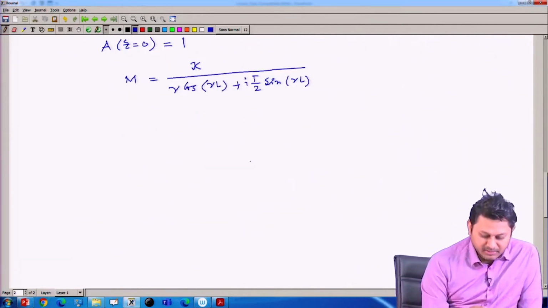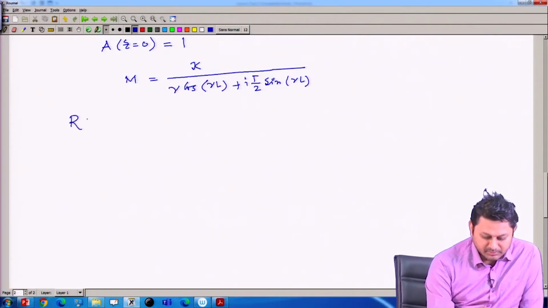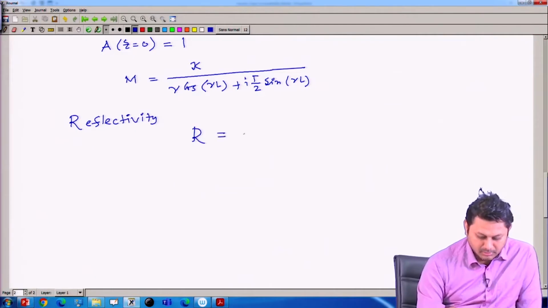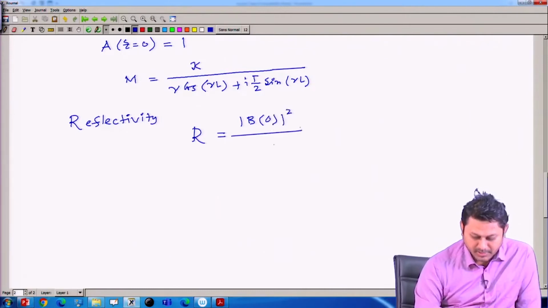Now, the reflectivity which I wanted to calculate, R, which is mod of beta 0 square divided by mod of A 0 square.